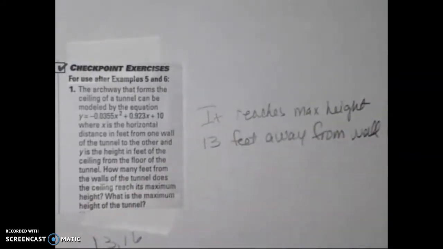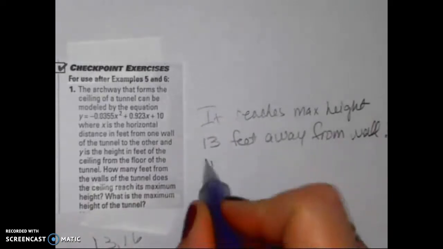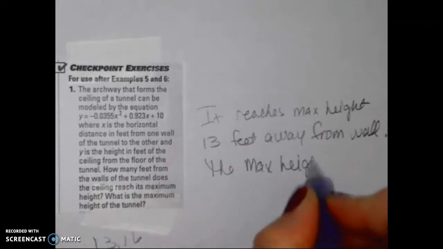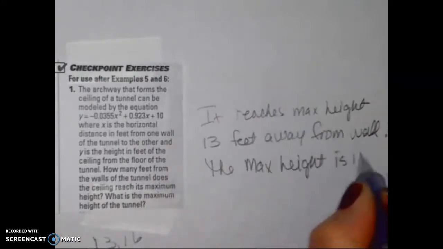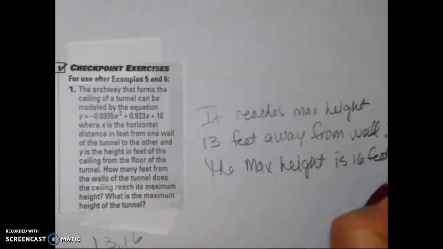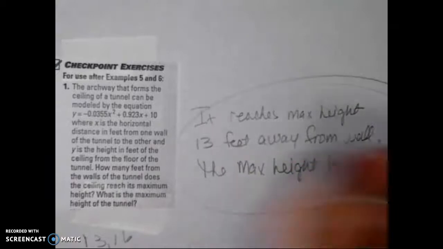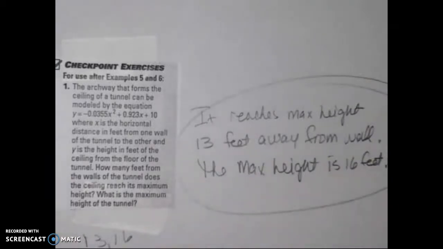And then it says, what is the maximum height? Max height is 16 feet. It's a tiny little tunnel, that makes me nervous. Okay, that's it. Thanks, kids. Thanks for watching.